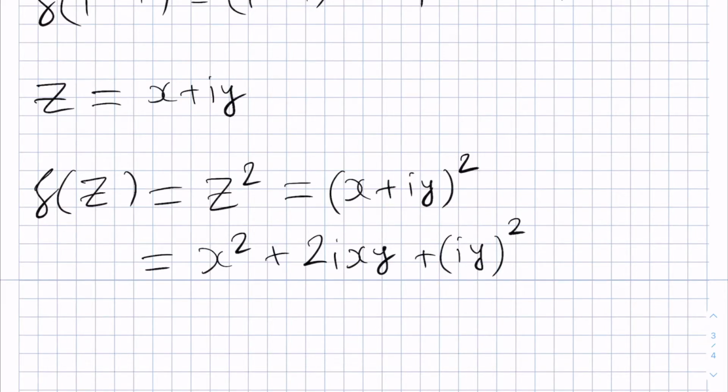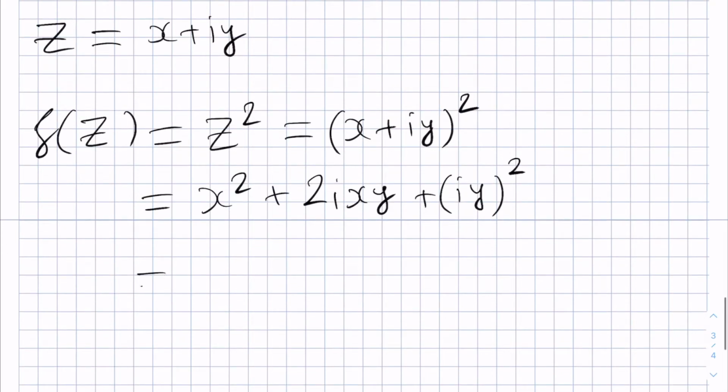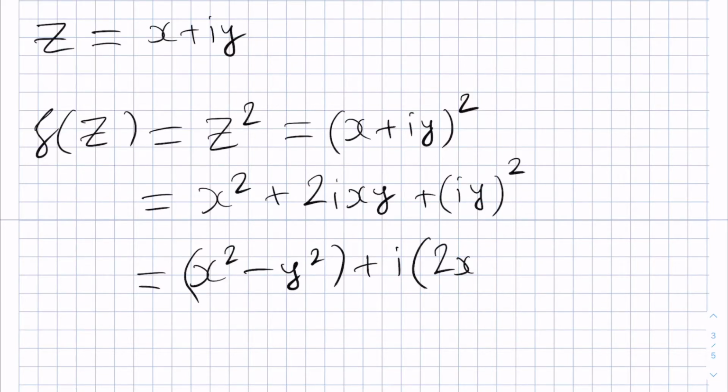The iy all squared will give us a minus y squared, which is real, and so we get x squared minus y squared as the real part, and then plus i with a 2xy as the imaginary part.